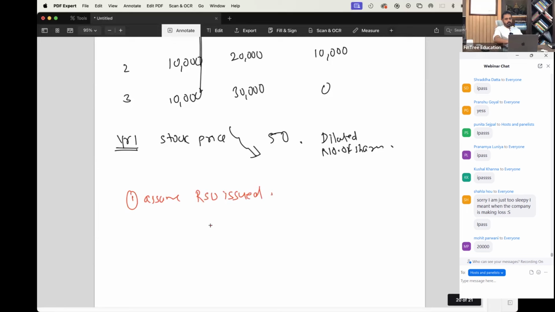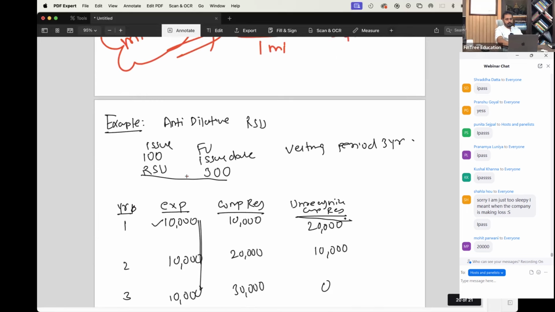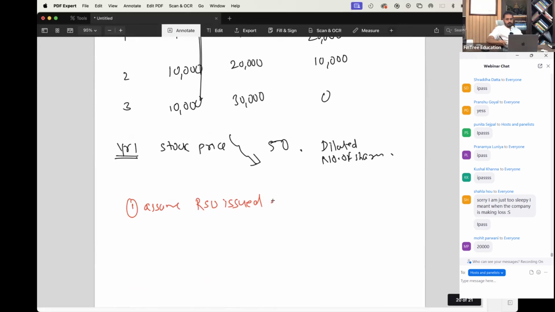How many RSUs will you issue? 100. So step number 1, assume that these RSU stocks are issued. Employees got 100 stocks. Step number 2, assumed proceeds: the money received from employee plus average unrecognized comp reserve.